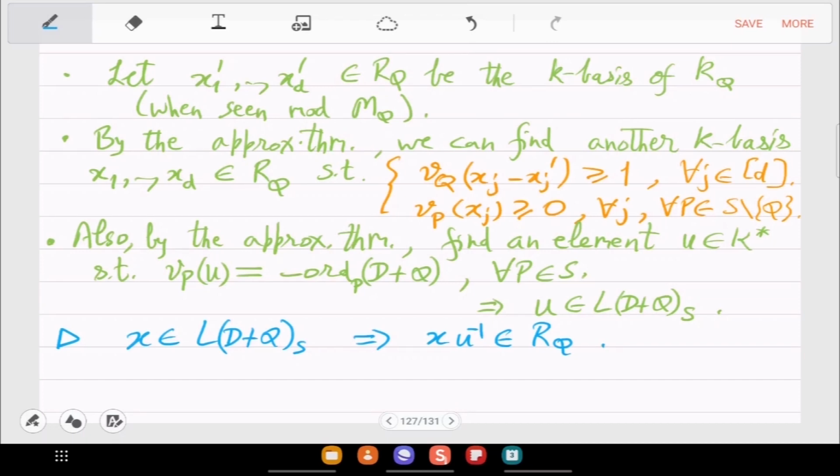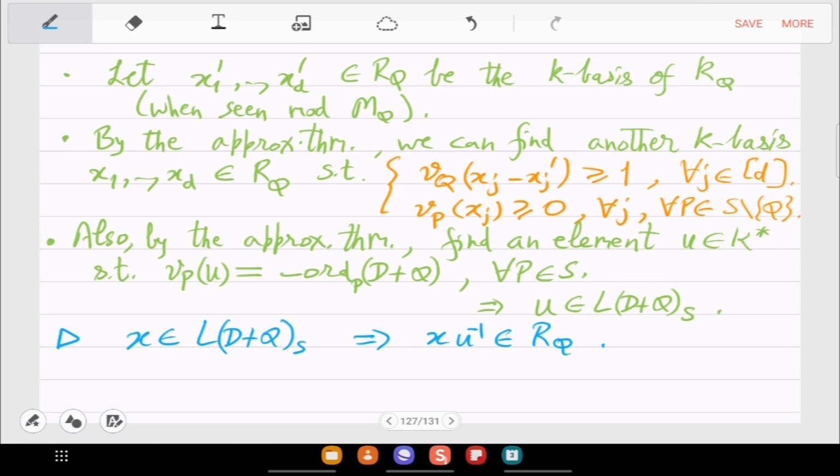So this u actually helps you to map the functions which were in the sheaf of interest, this L d plus q, into R_Q. This ring, the ring of the DVR or the germs for which we have a basis found, is exactly the connection between the L d plus q sheaf and the ring.